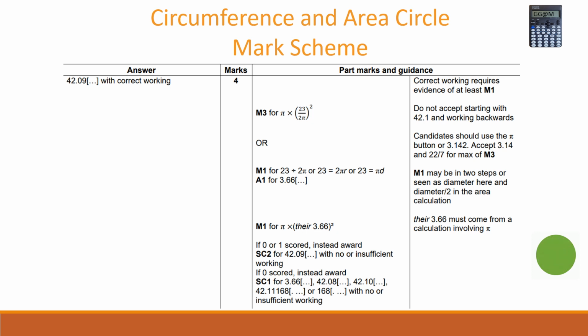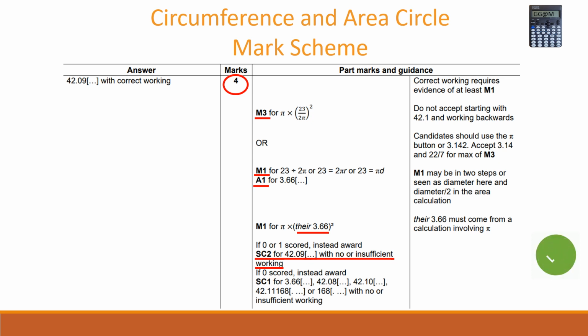The mark scheme on this question shows there are 4 marks. M3 means 3 method marks, M1 means 1 method mark, A1 means 1 answer mark. There, 3.66 means using your answer that you got for your radius rather than the actual value of 3.66, so you can still get a method mark for using 3.66 or whatever value you got in your calculation.